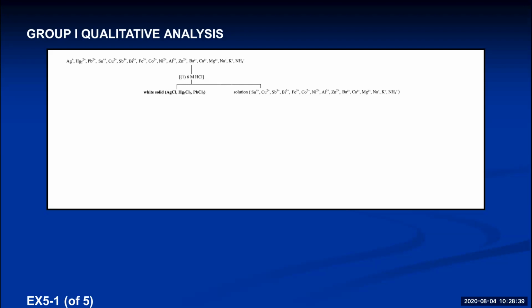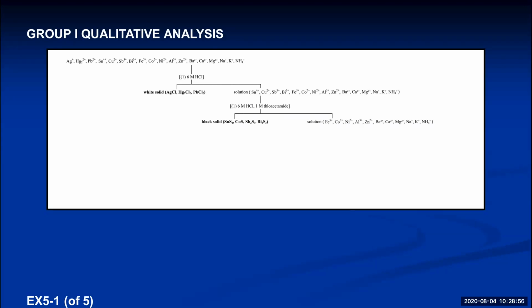But if we were to take that solution on the right side of the bracket and try to then select out a smaller subset of cations, we'll do that with a second precipitating agent. The second precipitating agent we would use would be one that produces sulfide ions in an acidic solution.